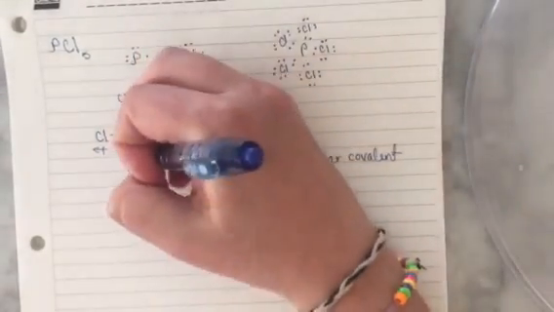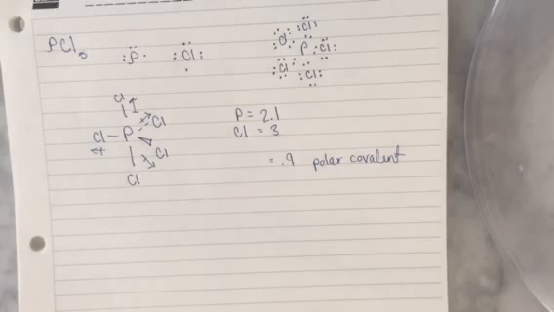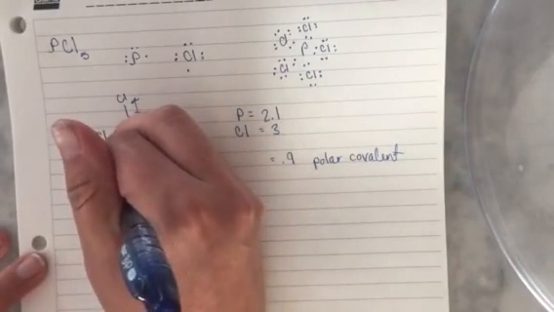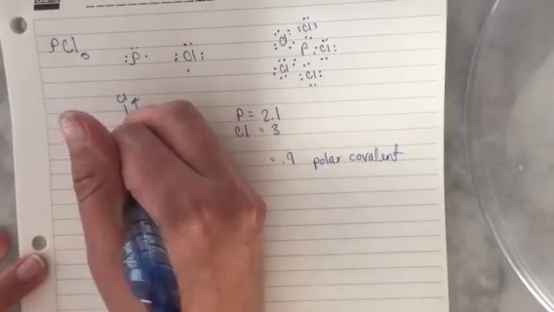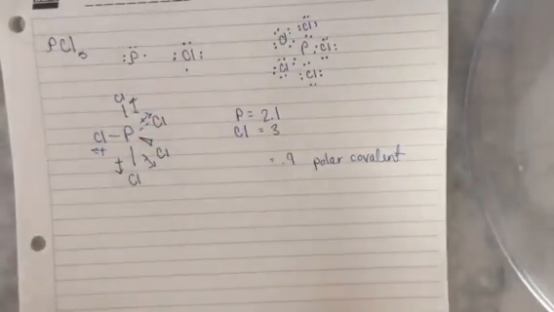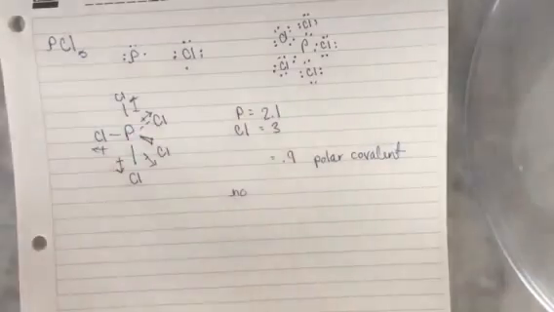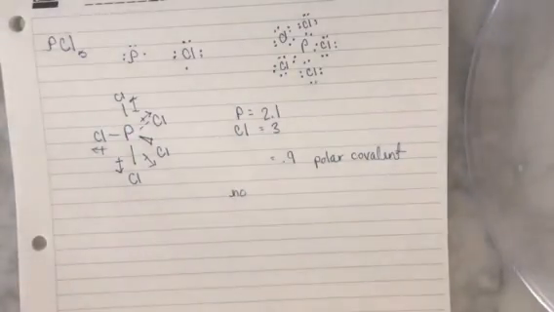But because each chlorine has the same pull on those electrons, and it's a symmetrical structure, it does not have an overall dipole moment. They're all pulling the same amount in opposite directions.